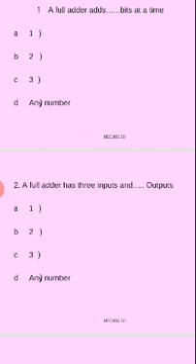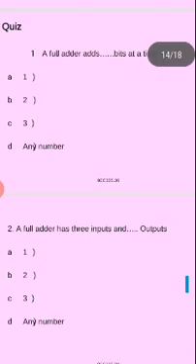So option A, 1 output, option B, 2 outputs, option C, 3 outputs, option D, any number of outputs. It has 2 outputs, sum output and carry output. 2 outputs means our answer, option B, is the right answer.